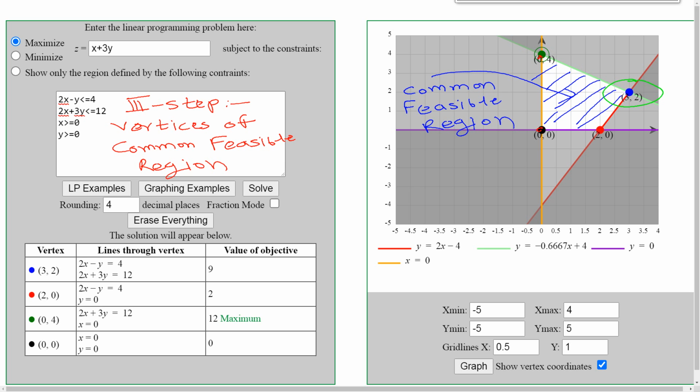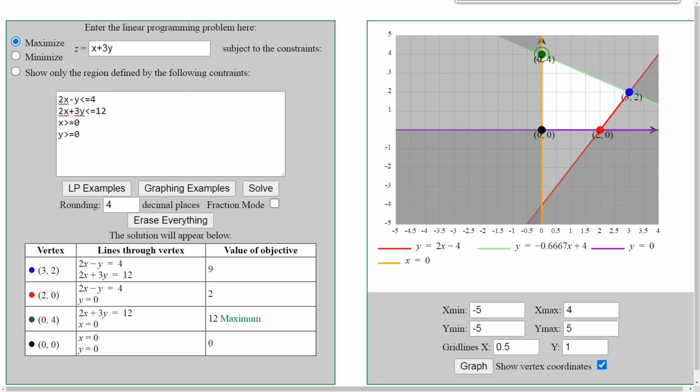And we have seen in the second lecture how to determine the intersection point of two lines. Note that we have two lines here: 2x minus y equal to 4 and 2x plus 3y equal to 12.